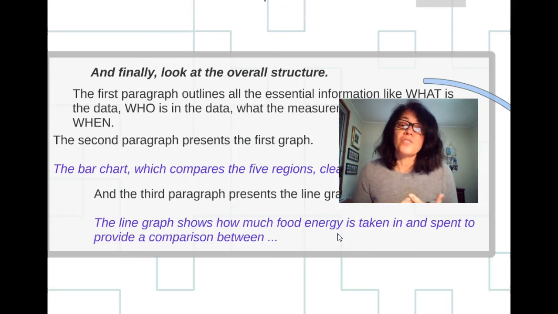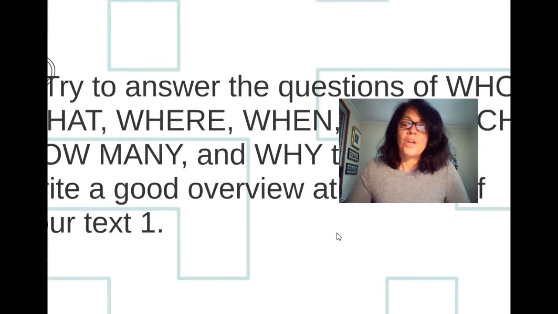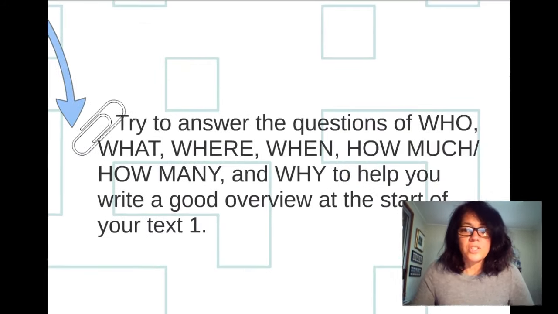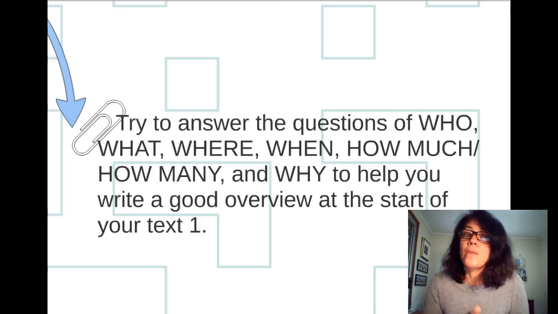So the 5th feature is excellent clear structure. So try to answer the questions of who, what, where, when, how much, how many, maybe why, to help you write a good overview at the start of your task 1.